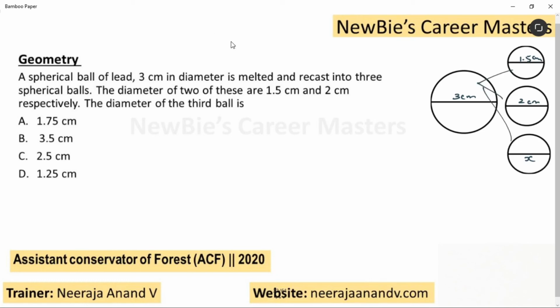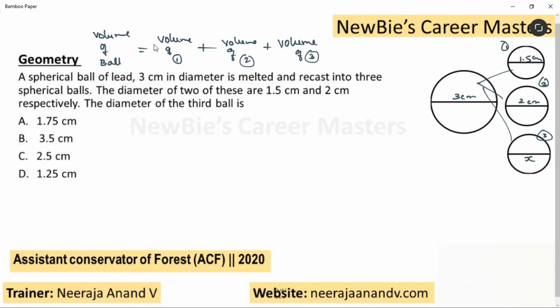Now let's take the volume formula here. Volume of this big spherical ball is equal to volume of the first spherical ball plus, let's take this as first ball, this as second ball and this as third ball, volume of first spherical ball plus volume of second spherical ball plus volume of third spherical ball.